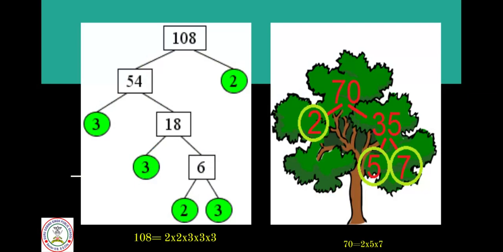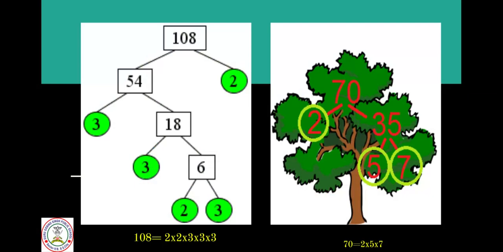Now split 18 into 3 and 6. Again 3 is a prime number, so circle it. Again 6 splits into two numbers, 2 and 3, which are both prime numbers. So circle these. So prime factorization of 108 is 2 into 2 into 3 into 3 into 3.